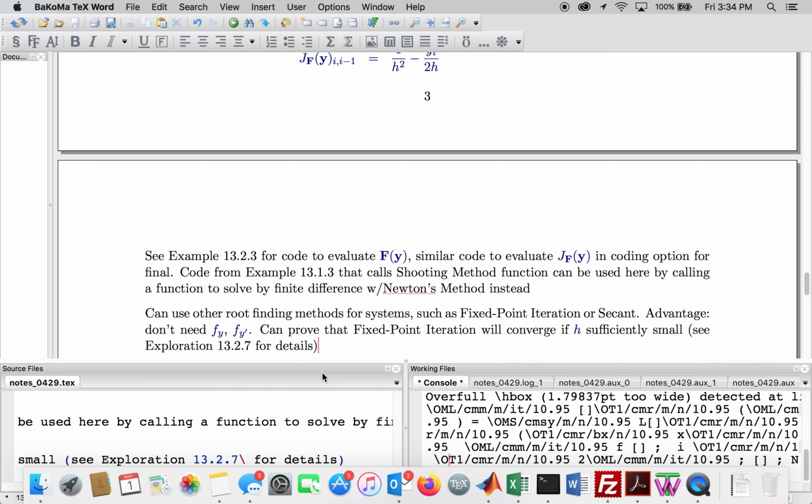What's assigned in that problem is to prove that fixed point iteration will converge. So I was trying to be merciful and not assign that, but it is of interest that it is possible to guarantee convergence in such cases. Because with Newton's method, you had to be careful about choosing your initial guess, or the iteration might fail otherwise.